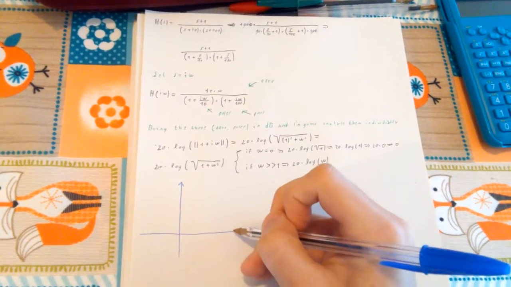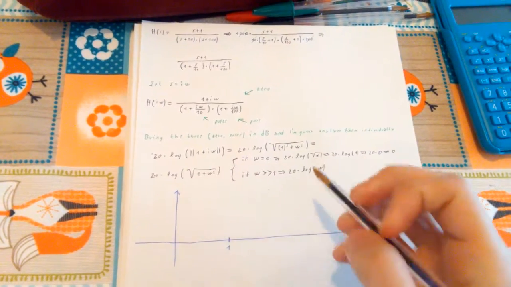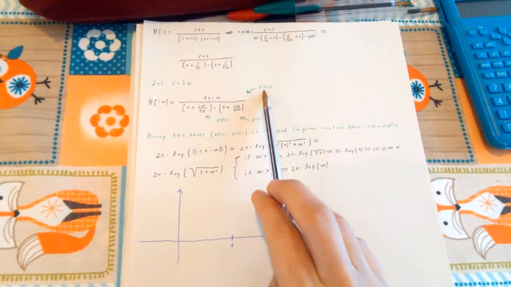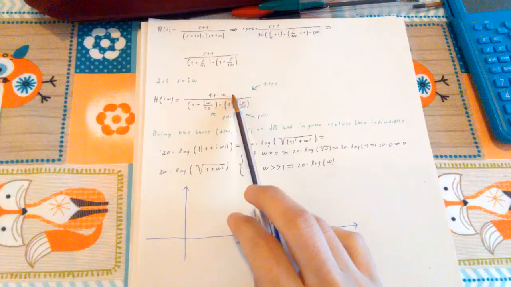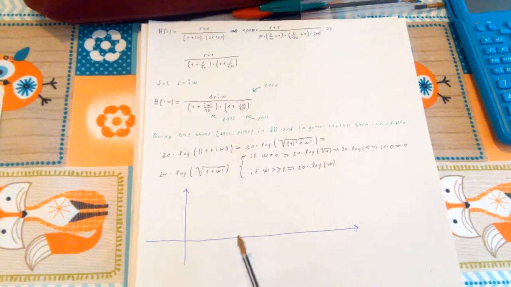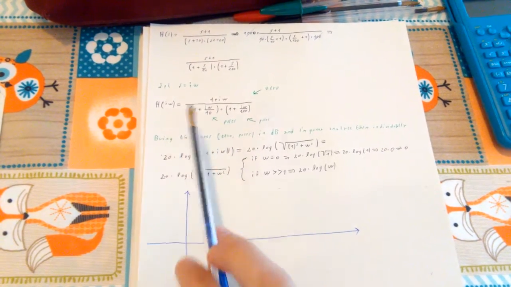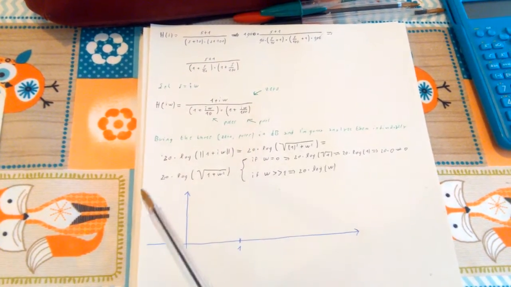We're going to have 1 here. Essentially, whenever you have a zero, if it's positive, it's going to go up, and if it's negative, it's going to go down. Whenever you have a pole, if it's positive, it's going to go down, and if it's negative, it's going to go up.